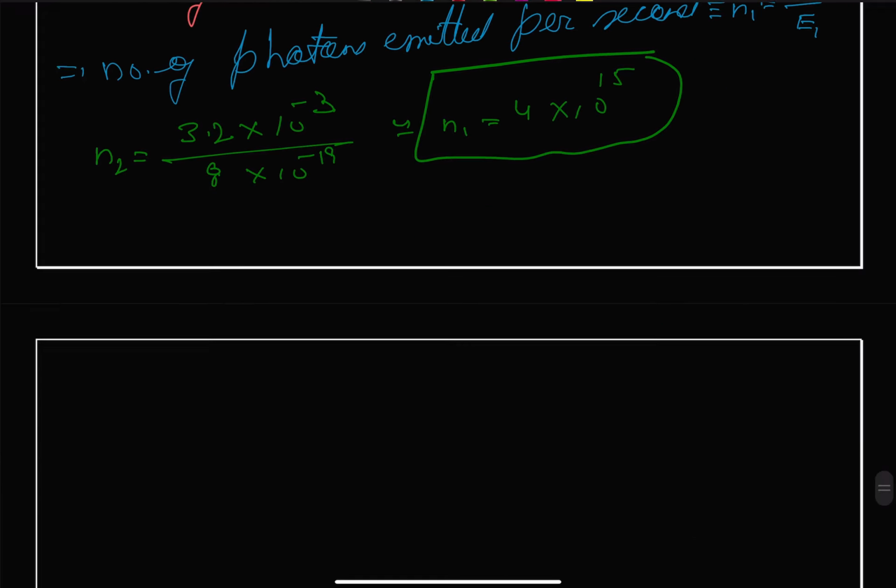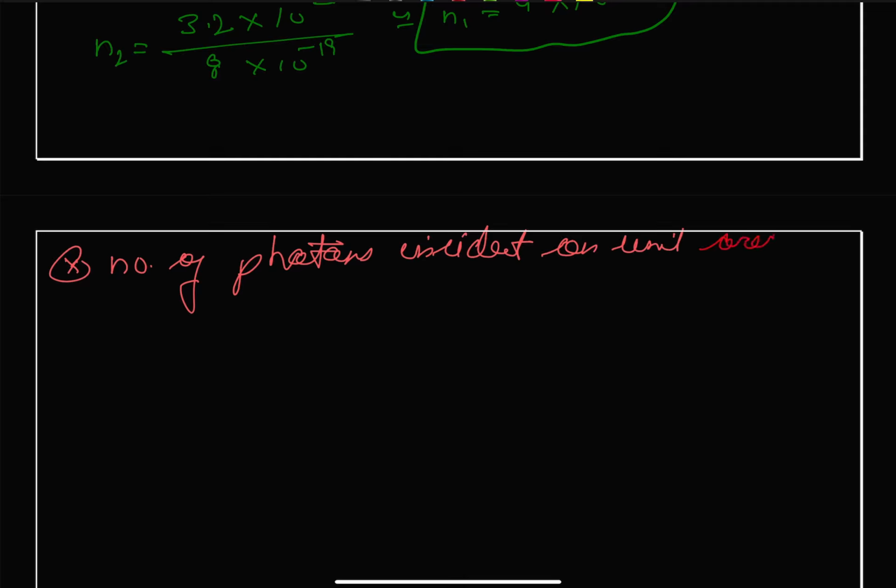So based on that, we can say number of photons incident on unit area at a distance of 0.8 meter from source.